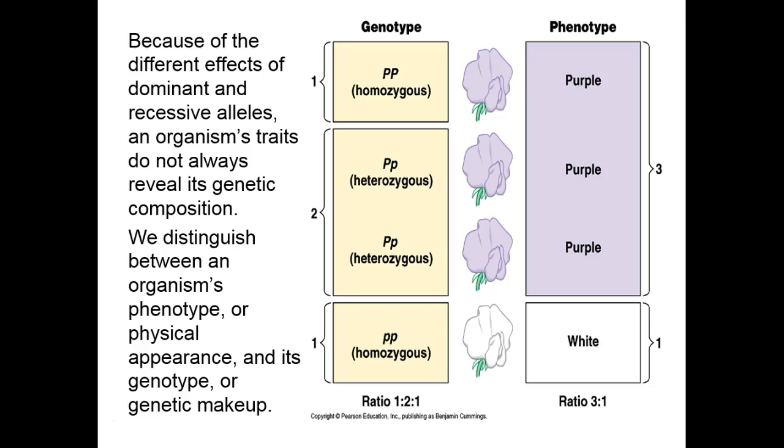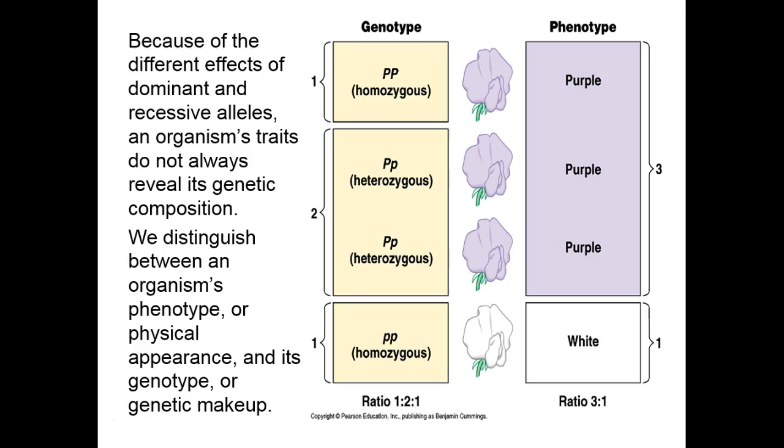So because of the effects of the dominant and recessive alleles, that white is not going to show up until you have homozygous recessive, until you have a plant with the two little r's. And so until that happens, one doesn't know what is possible to pass on to the future generations.